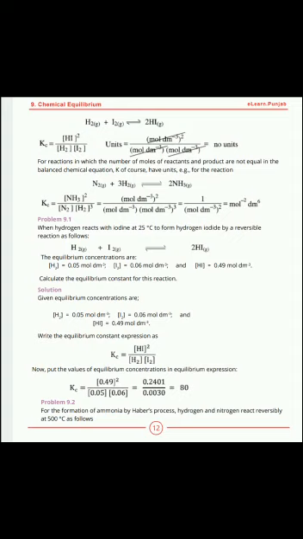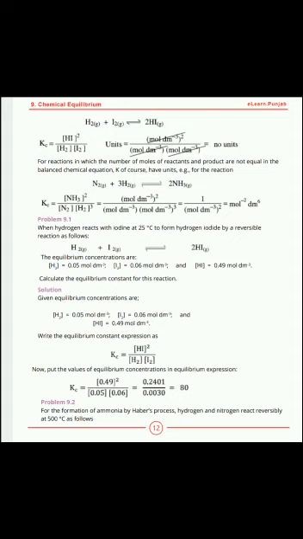If you have understood this unit, then come on to numericals. Here 3 examples are given in the textbook. First example 9.3: when hydrogen reacts with iodine at 25 degree temperature to form hydrogen iodide by a reversible reaction as follows, H2 plus I2 reversible reaction 2HI. In this example you can see the equation is written in the question, not in the solution.